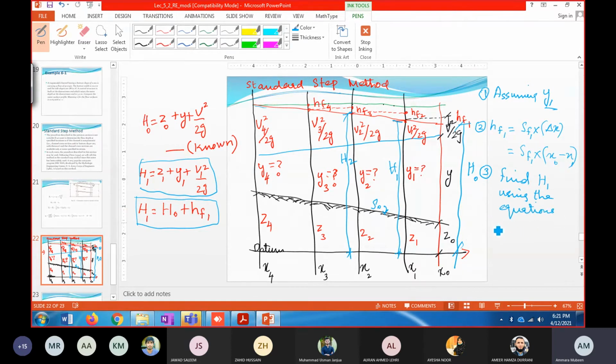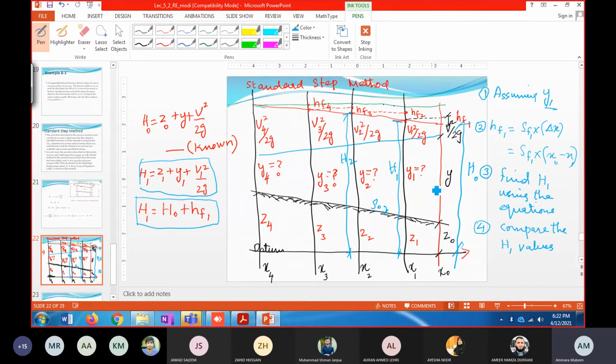And fourth step is to compare the two H1 values. So these four steps would be followed in the standard step method.